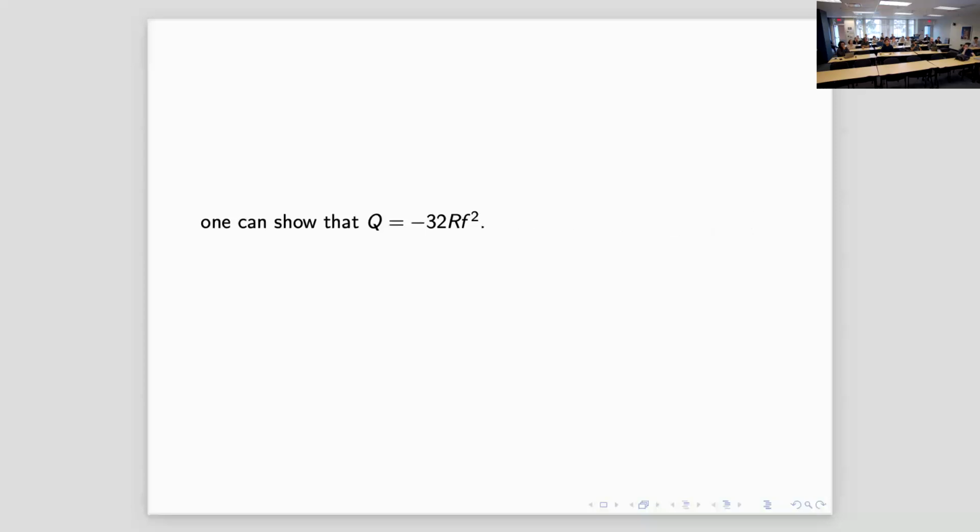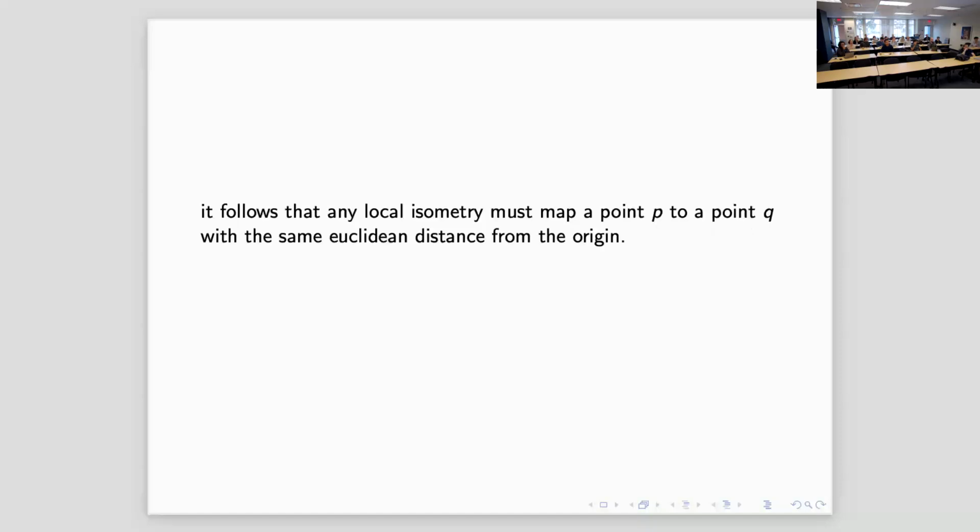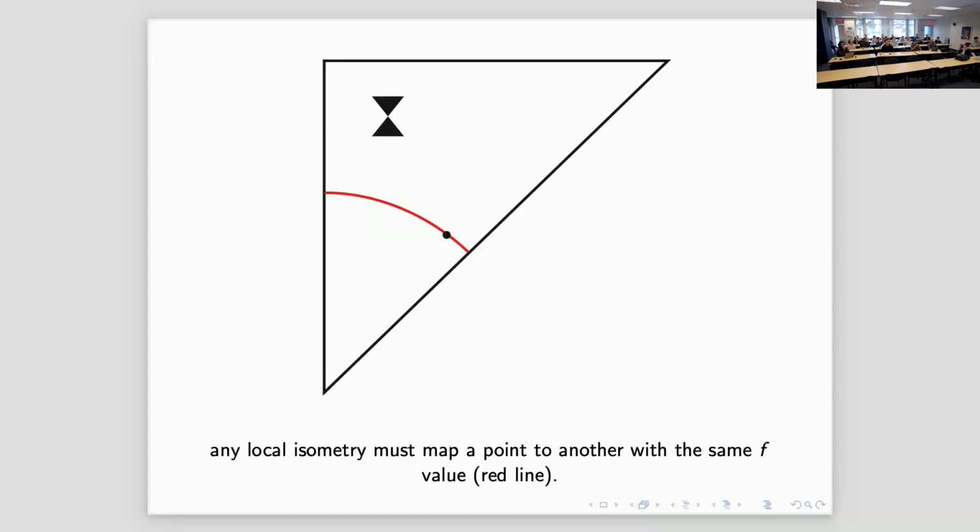So it's proportional to both R and the Euclidean distance from the origin. And so it follows that any local isometry must map a point P to a point with the same Euclidean distance from the origin. And what that means is that if I'm sitting here at this point P, these red points are spots where I can go. So I have the second constraint.